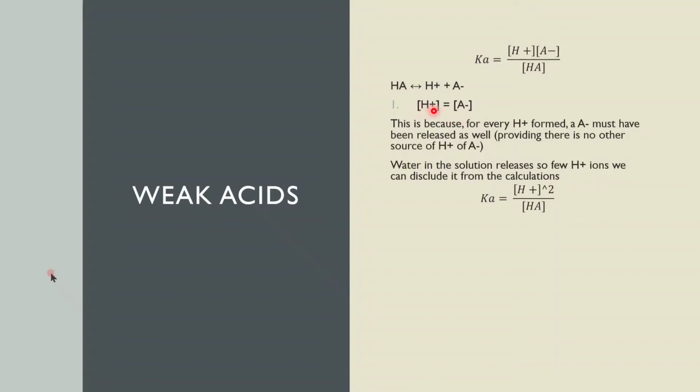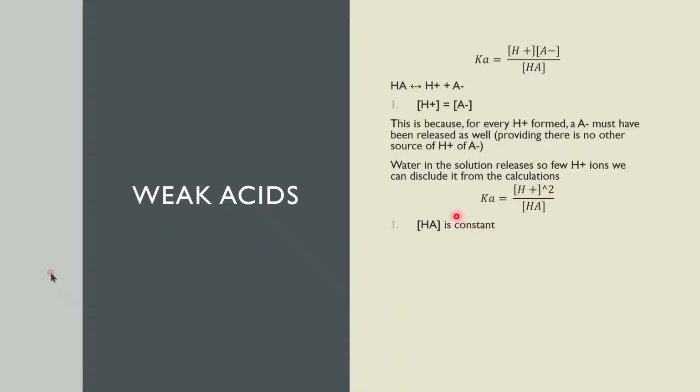And so, if we say that hydrogen ion concentration is equal to A- ion concentration, then we can simplify our Ka equation to, instead of having the H+ concentration times the A-, we can just have H+ squared because they are the same thing.